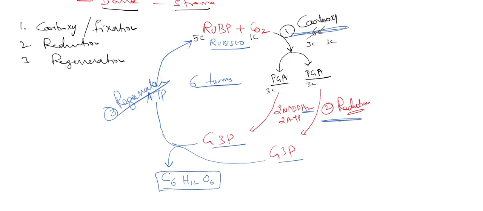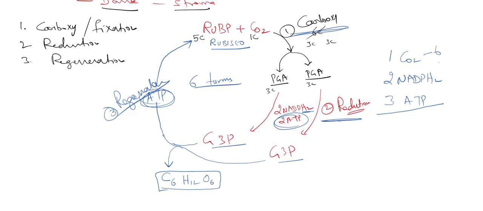Now you calculate for each turn. How many carbon dioxide? 1 carbon dioxide. How many NADPH2? 2 NADPH2. How many ATP? Here 2 ATP and here 1 ATP. So for each turn we require 3 ATP. Then for 6 turns you multiply everything with 6.